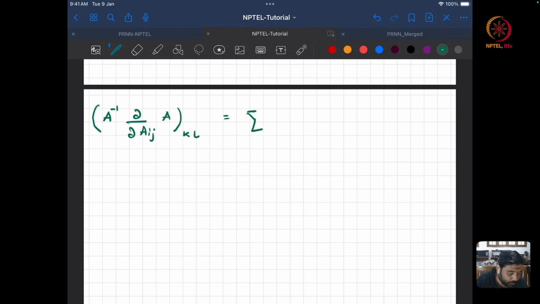Now it is summation with respect to S of A inverse KS times the derivative element. Now I am assuming that you are quite comfortable with representing a matrix multiplication using these formulas. Okay.